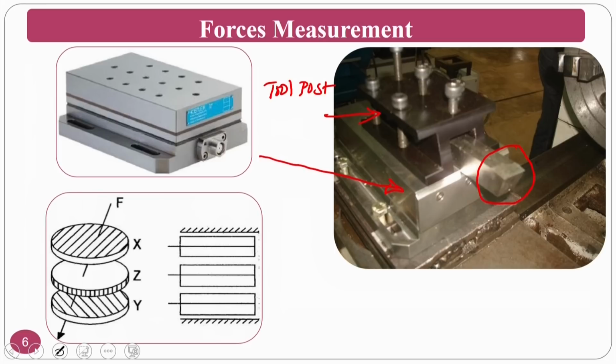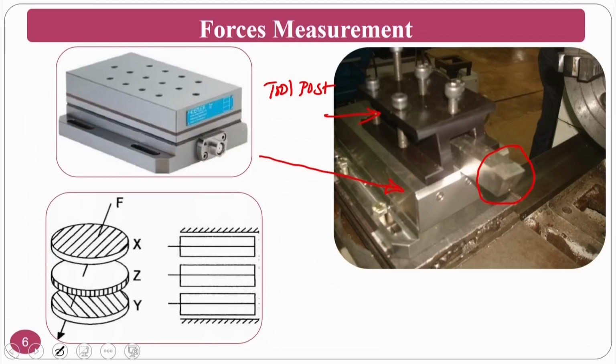Inside the dynamometer, if you see the anatomy of the dynamometer, there will be three piezoelectric sensors. A piezoelectric sensor works such that if there is a deformation, it will give a certain voltage or EMF. If you give an EMF, it will deform. That is the principle of piezoelectric materials. The piezoelectric materials are oriented along the X, Y and Z axes.